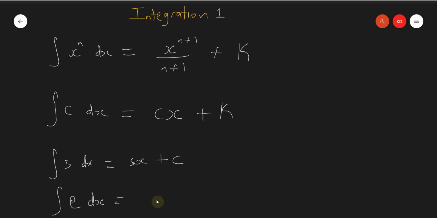Okay, so if we integrate e, which is a constant, we're supposed to get e times x plus c. Right. If we should integrate pi with respect to x, that's basically pi x plus our constant of integration. So yeah, that's basically how we integrate powers of x and how we integrate constants.